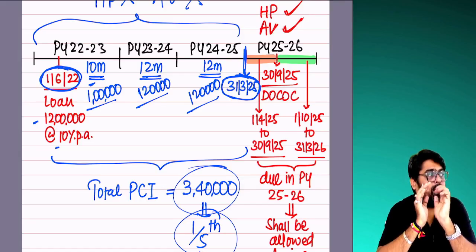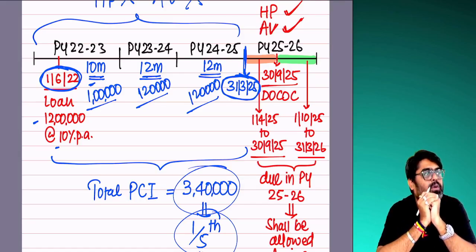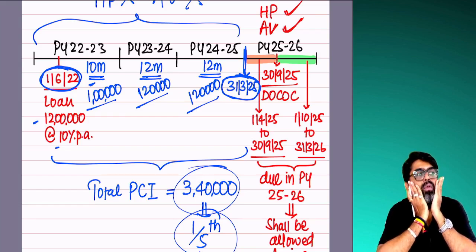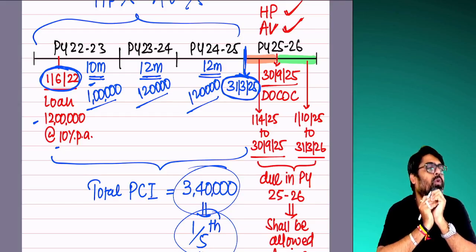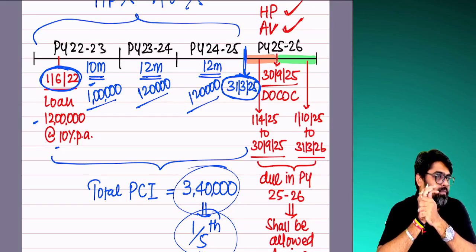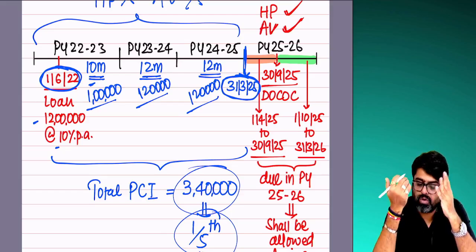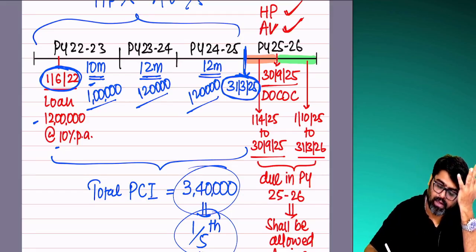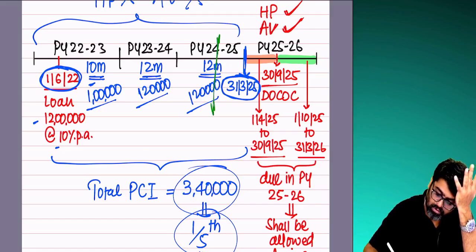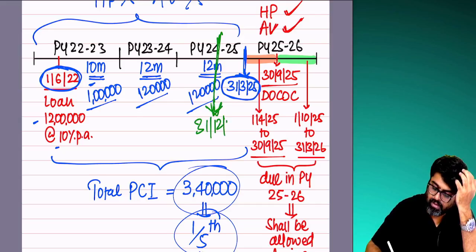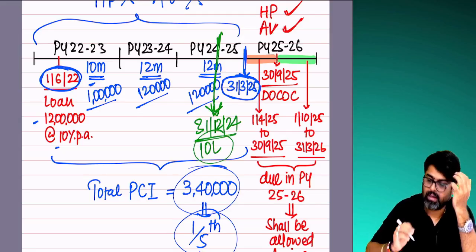And you have repaid 10 lakhs on 31st of December 2024. Can I say 31st December 2024 will come here? How much loan repaid? 10 lakh repaid.